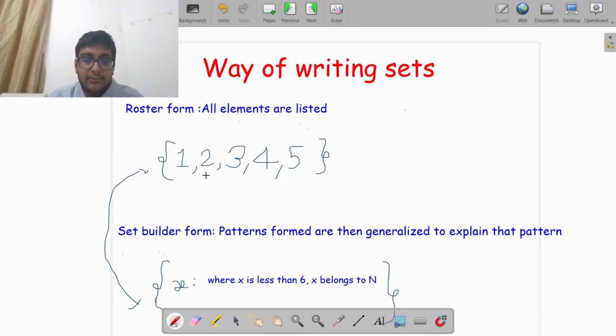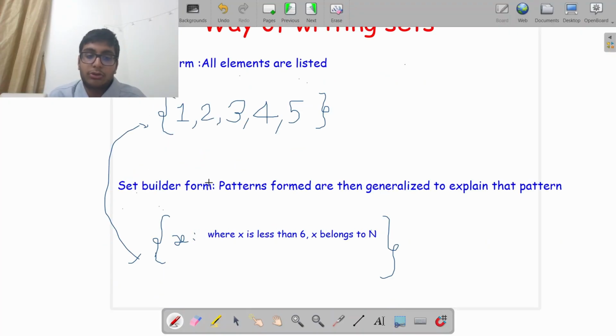These two sets are explaining the same thing but in two different ways. It's like me being two different persons teaching you different ways of doing a particular solution but giving you the same information. So, what I'm trying to say is, you can write in roster form or set builder form.